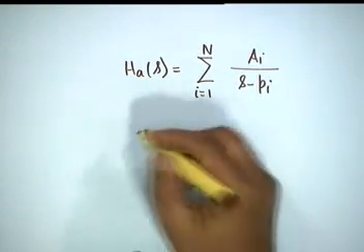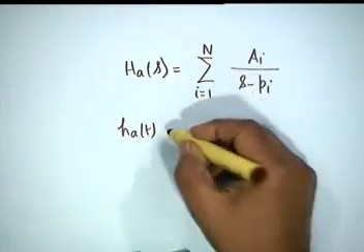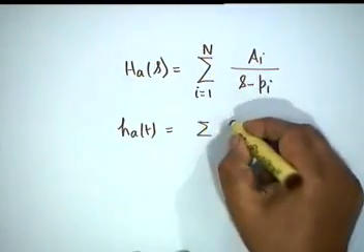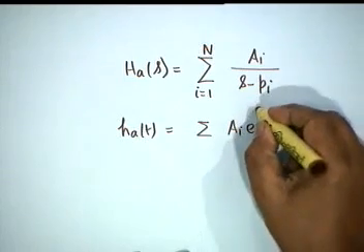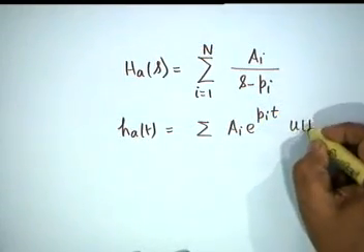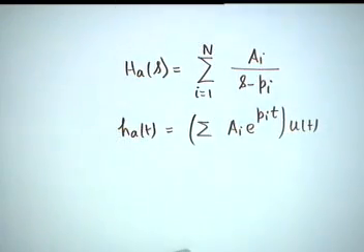Therefore, h A of t, now I shall write only summation, I will not put the limits, it is implied, h A of t shall be A i e to the power p i t u of t.